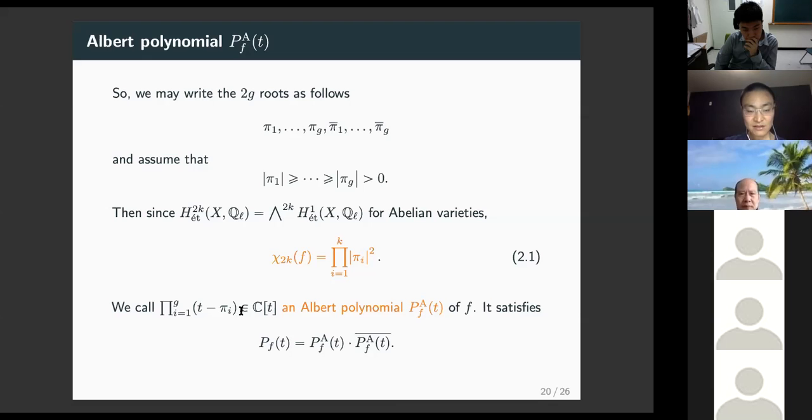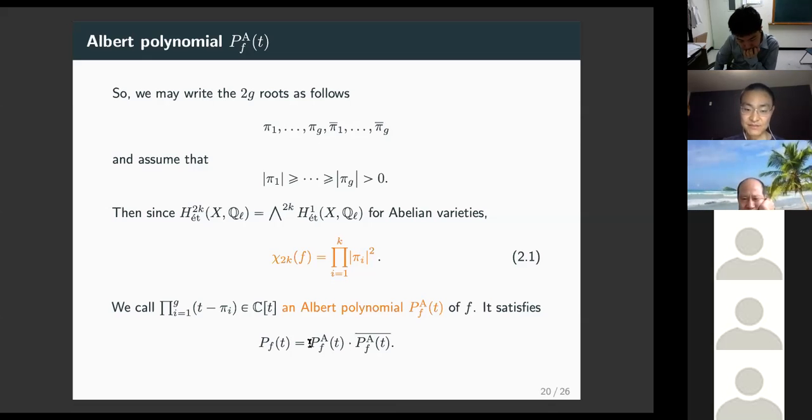This polynomial has C coefficients, the Albert polynomial, dividing P_F of T. It satisfies this property: the characteristic polynomial of F is equal to this Albert polynomial times its complex conjugate, because the roots are in this way.